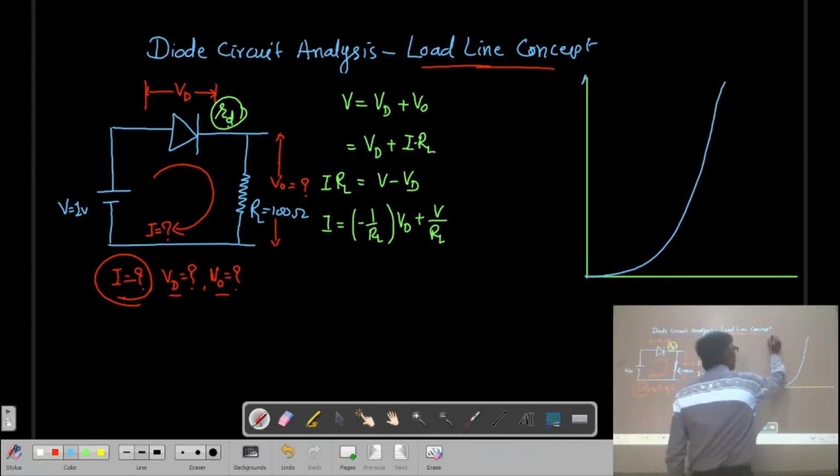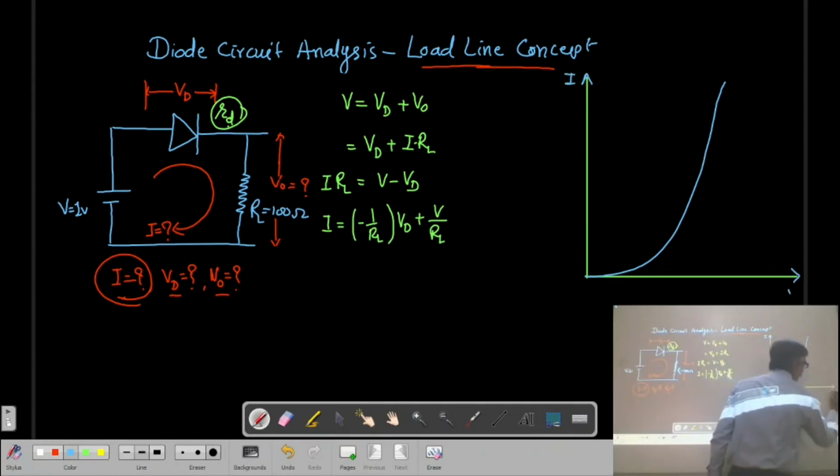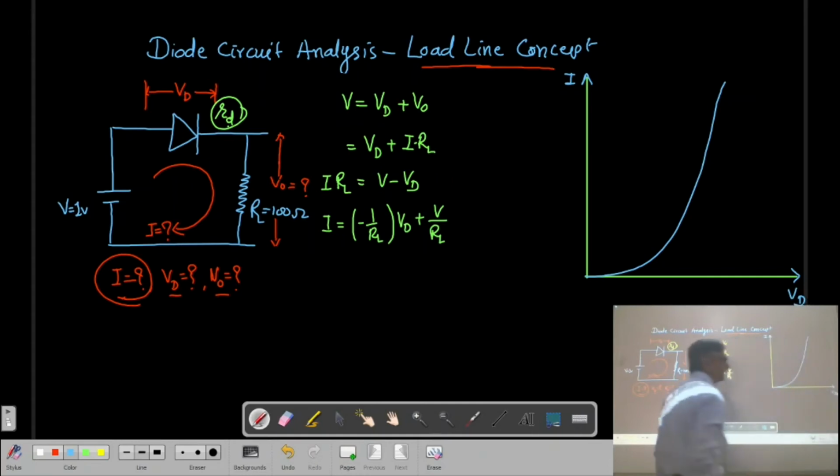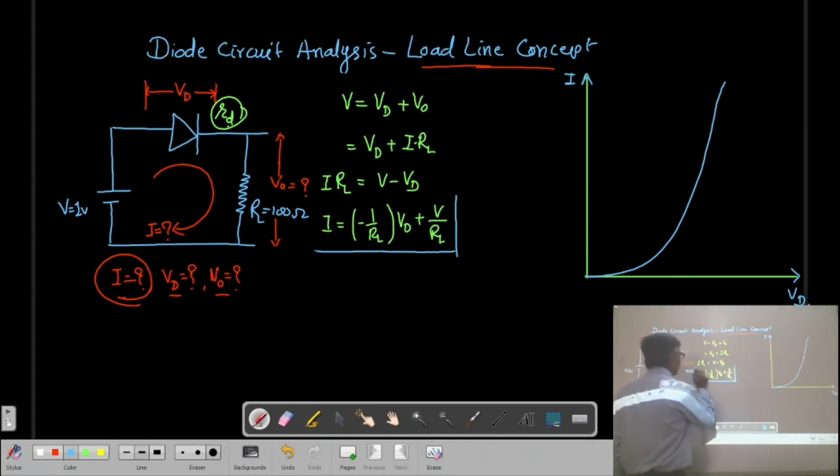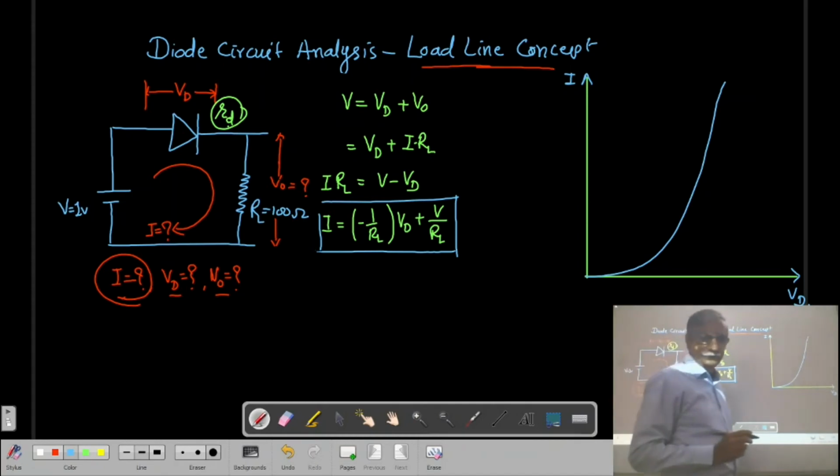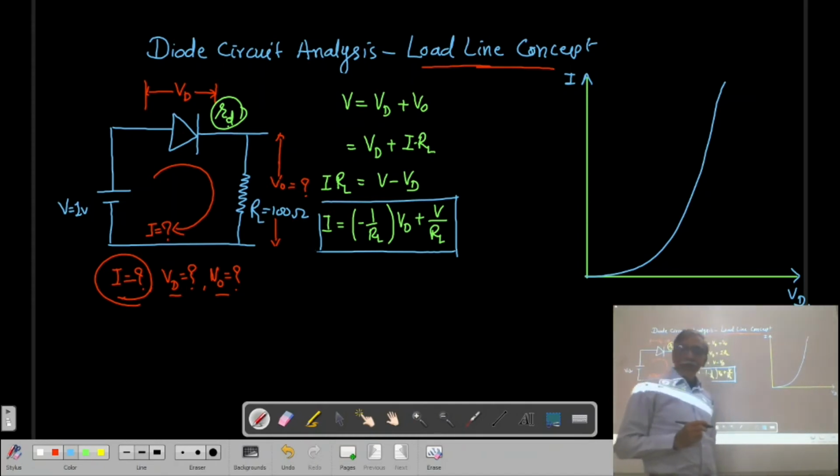Here, this axis is my current axis, and this axis is my diode voltage axis Vd. Now, if you look at this expression, remember, this expression is representing a line. What is the expression for a line?